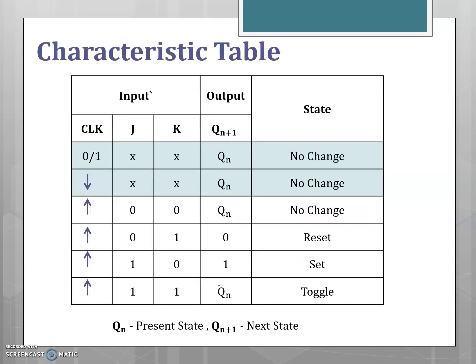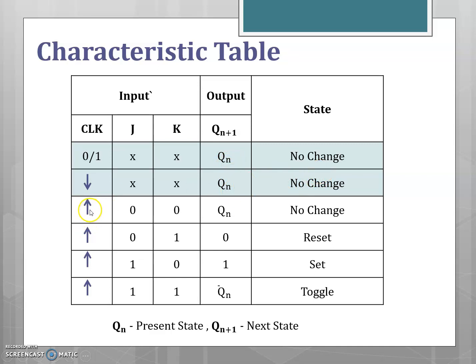So the characteristic table represents the operation of the flip-flop in tabular form. Again, I have considered the positive edge triggered flip-flop. So for negative edge and for logic 0 or logic 1, irrespective of the J and K input, the output Qn plus 1 will be equal to Qn. That is, there will be no change in the circuit.